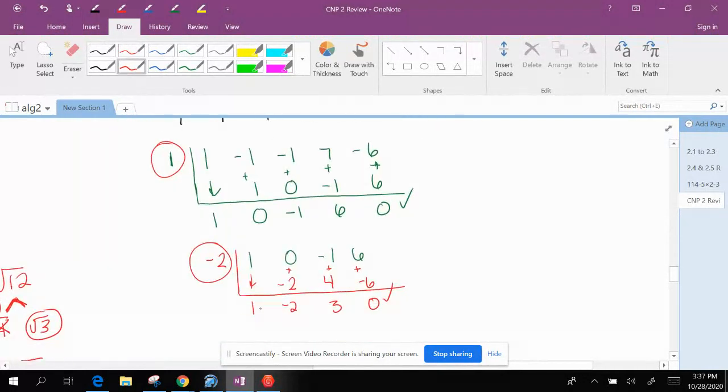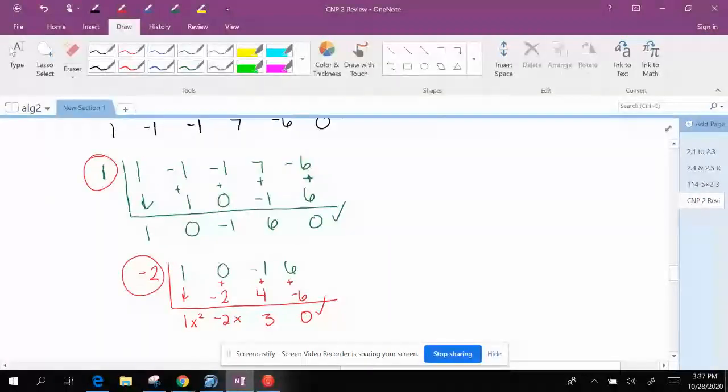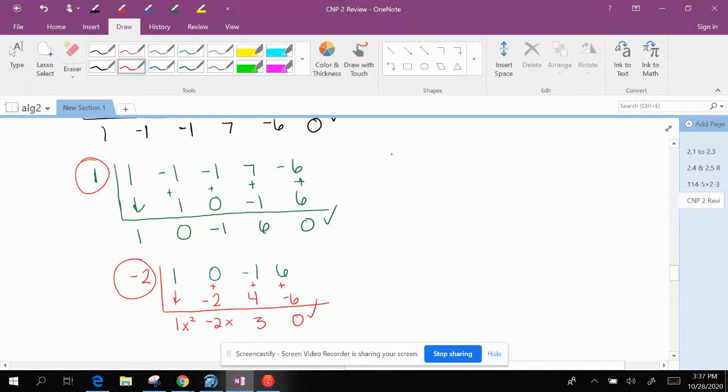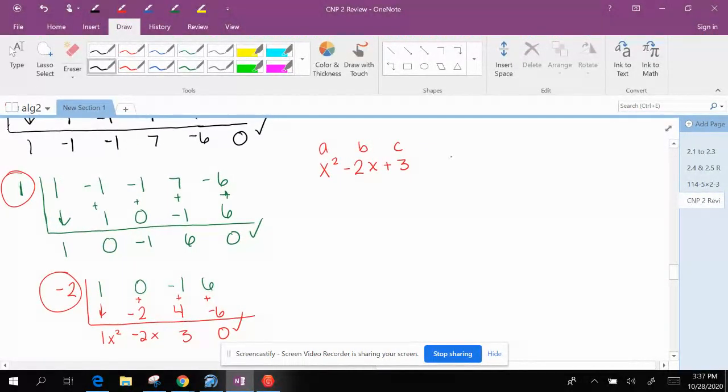Now, since this highest degree is technically an x squared now, I'm going to use the quadratic formula because it will make time go by a lot quicker instead of doing synthetic for everything else. Label my A, B, C and plug it into the formula. Opposite of B, plus or minus the square root of B squared minus 4 times A times C, all over 2 times A. Start filling in.